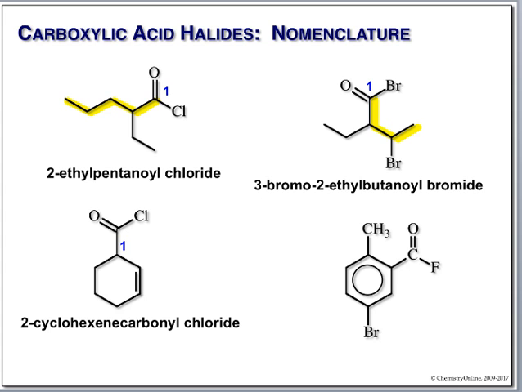Now, there are lots of ways to name this one. Once again, we could make benzene the parent and this be a carbonyl fluoride substituent, or we could simply recognize this as a derivative of benzoic acid. If it's a derivative of benzoic acid, this will be carbon number 1.